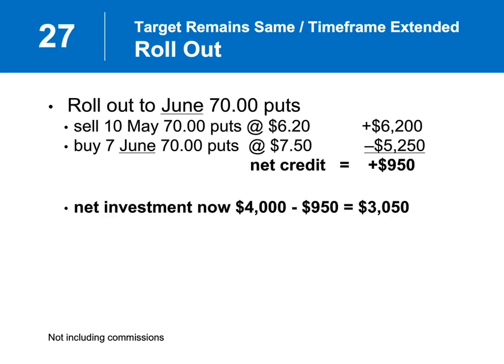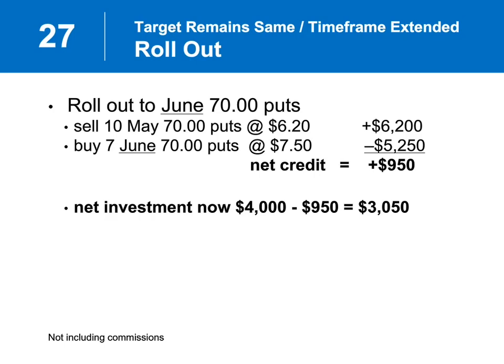So the June 70 puts, with the stock at 65, they go for $7.50 each. The May 70 puts, still with 3 weeks to expiration, they've got $1.20 worth of premium, so they're going for $6.20. So we decide we're going to take $950 off the table and buy 7 of the June 70 puts after selling 10 of the May 70 puts.